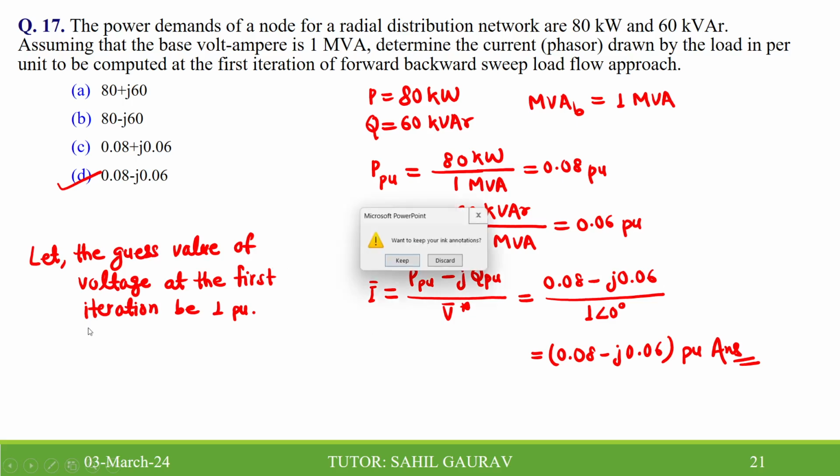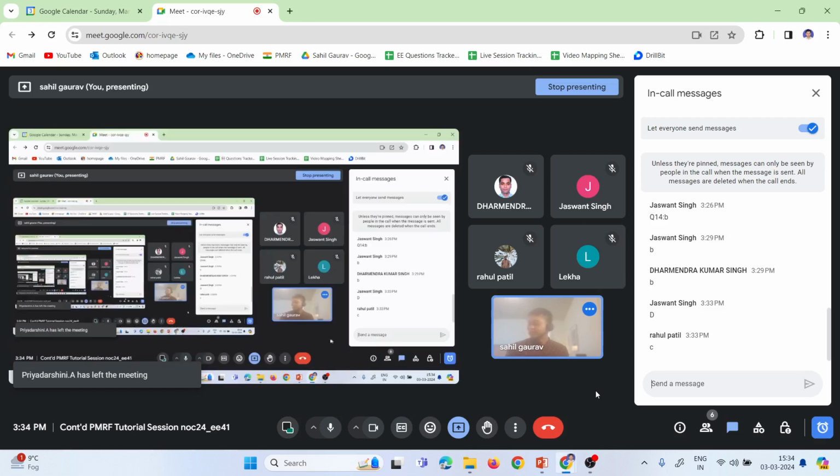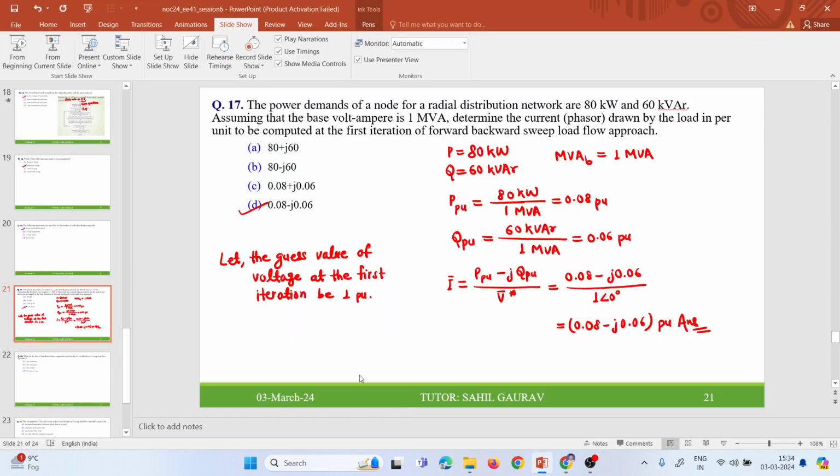So how many of you gave the correct answer? D is the correct answer. I think just one person has given the correct answer. So D is the correct answer.